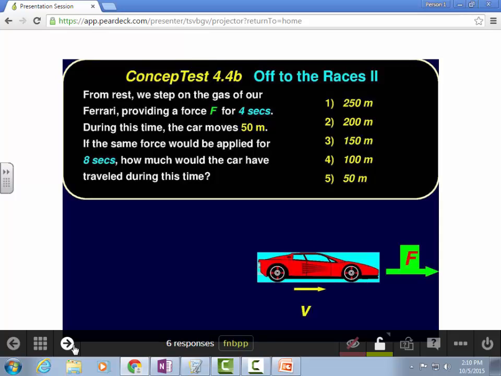Don't forget your kinematics. X equals 1/2 A T squared.